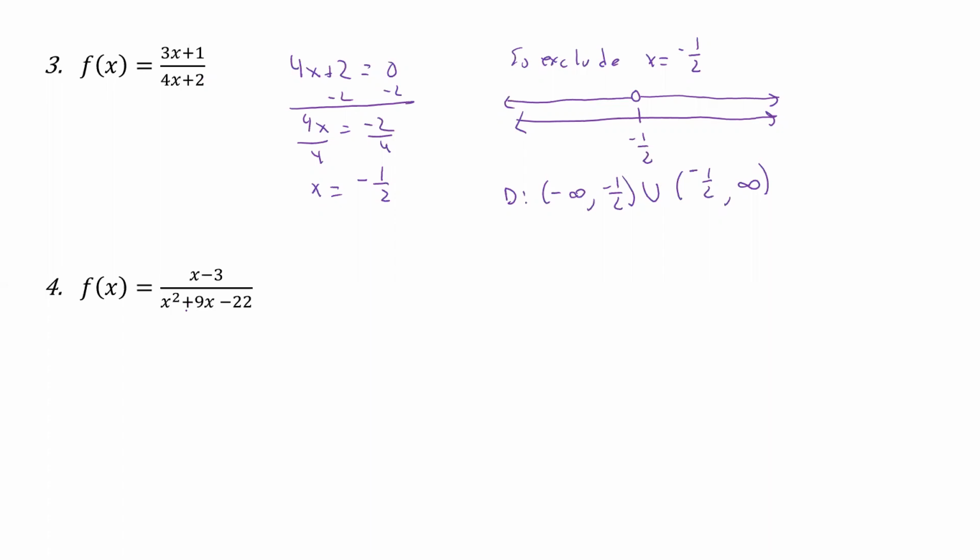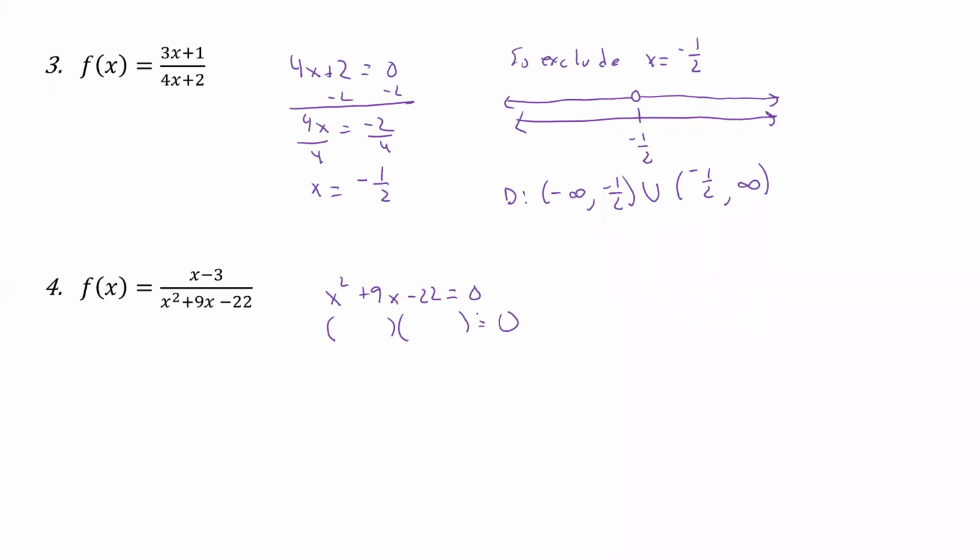All right, so this one's the same thing. We set that denominator, x squared plus 9x minus 22, equal to 0, and we solve for x. Well, how do we solve something like this for x? We can use factoring, which is the most logical way if it's easily factored. If not, then there are other methods we can use.